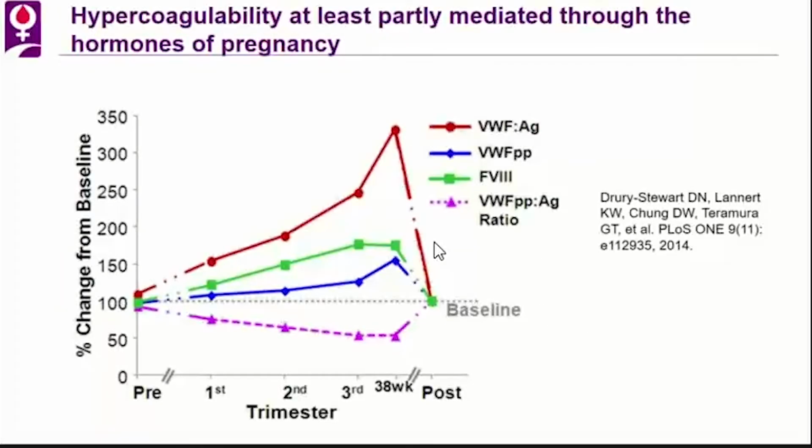This is work from Jill Johnson's lab and demonstrates the significant increase in von Willebrand factor and factor VIII during pregnancy with the rapid drop-off after delivery. This hypercoagulability of pregnancy is at least partly mediated through the hormones of pregnancy, which figures into our presentations today.